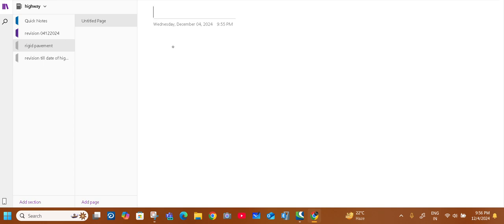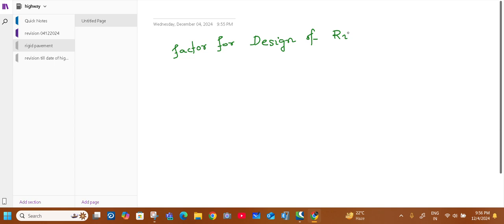Those are the factors for design of rigid pavement.